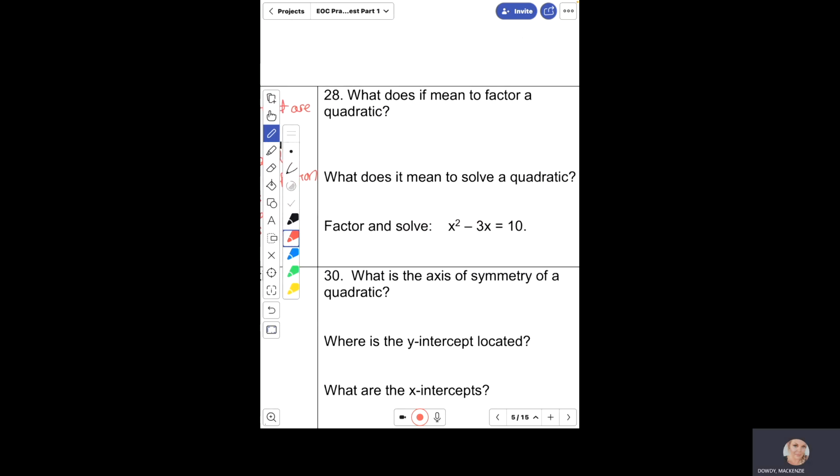What does it mean to factor a quadratic? So it means to find what to multiply to get the quadratic.